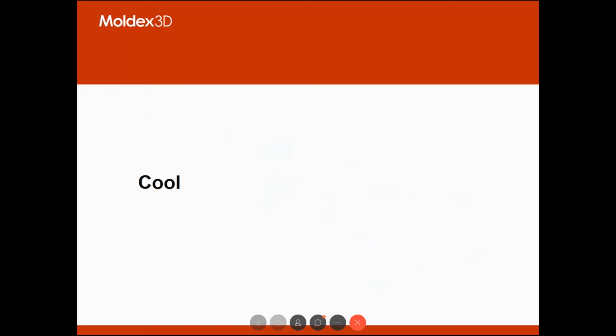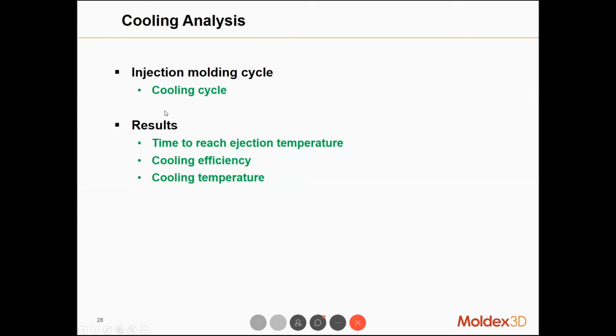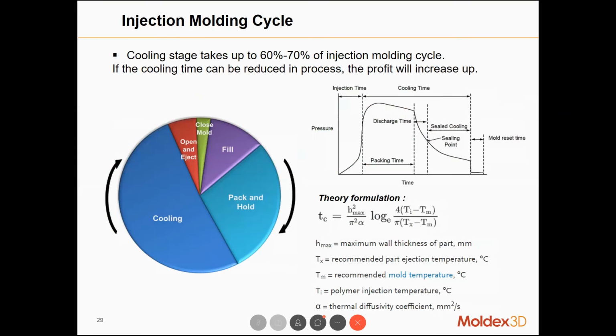So now we are jumping to the cooling phase, the third phase of the simulation. So before showing you the results, I want to spend a little time to talk about the injection molding cycle. And the cooling stage takes most of the time in the injection molding cycle.